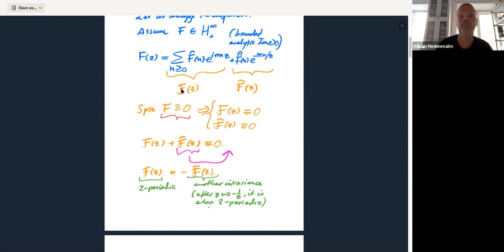Let's look at capital F, this curly f, and this curly f twiddle. Suppose that this function you started with is just the trivial zero function. Does it force this in the decomposition, curly f and curly f twiddle, to be zero? And we look at it, we see that the curly f plus curly f twiddle has to be zero then.